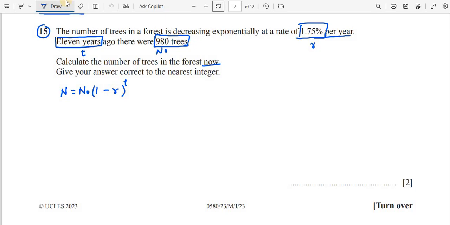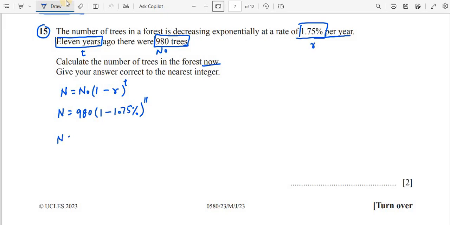So put all values in this formula. N is equal to N naught, which is 980, into 1 minus R. R is 1.75%, and T is 11 years.